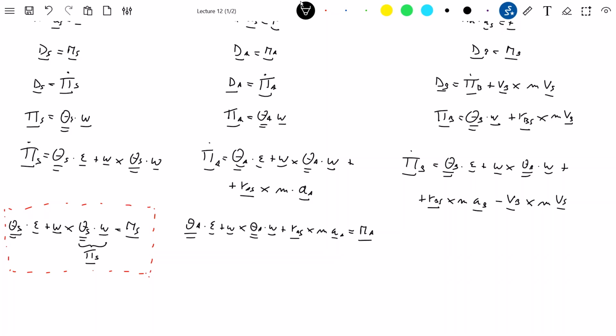I also highlight this because, again, this is an important equation. If you have a point with zero velocity, this is what you will need to apply. Now let's go for a generic point.